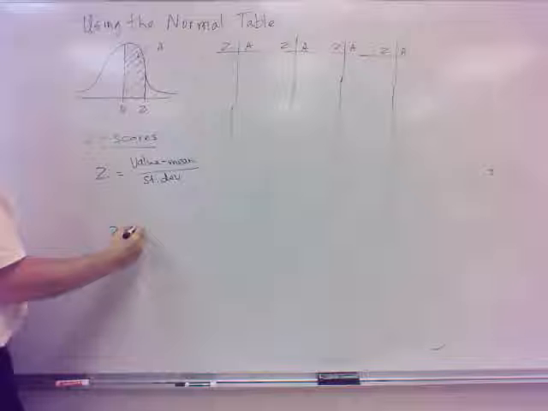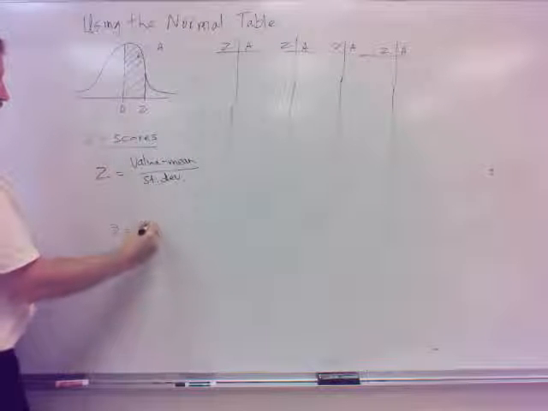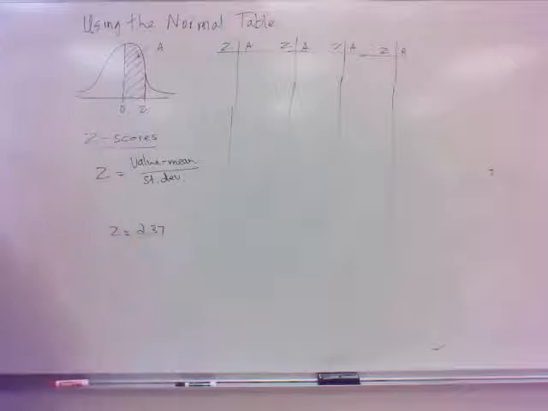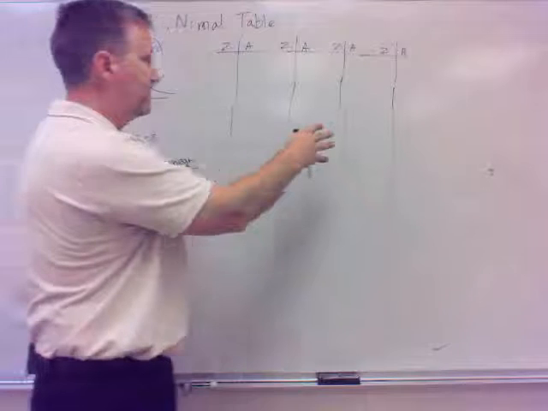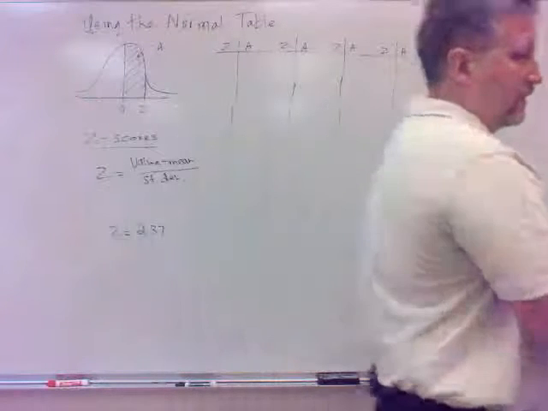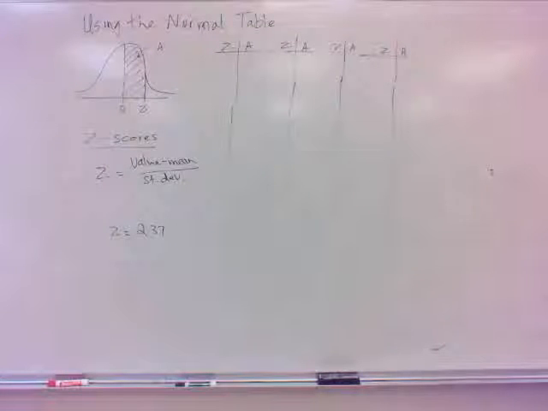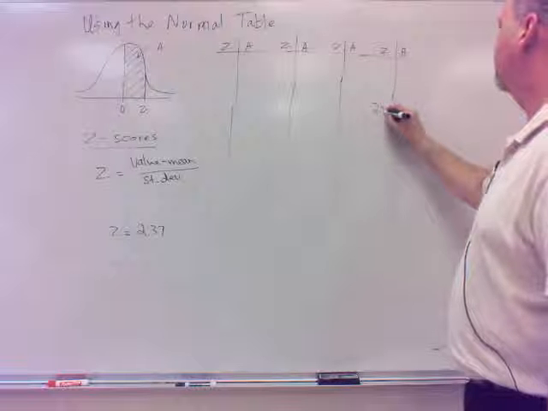So what the A is for each z value, let's say my z value was 2.37. So I'd go over there and look up 2.37, and you got 0.491, it's somewhere over here.